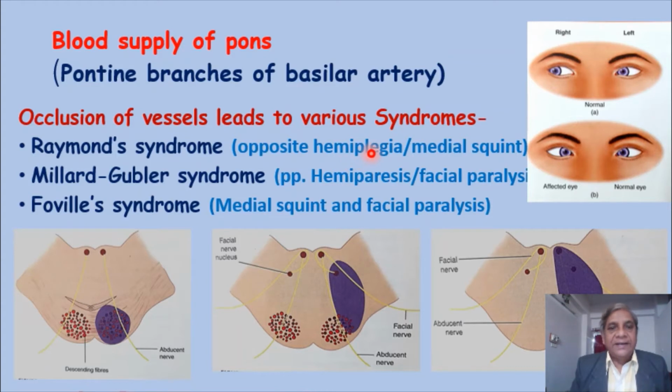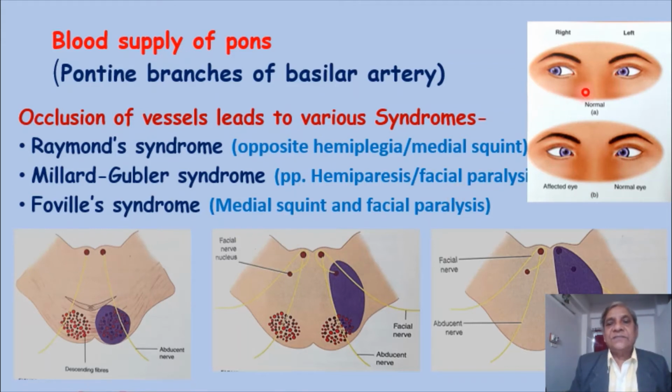From this area the abducent nerve is also going to the lateral rectus. So when one tries to look to the lateral side, the eye will deviate towards the medial side. This is abducent nerve paralysis.